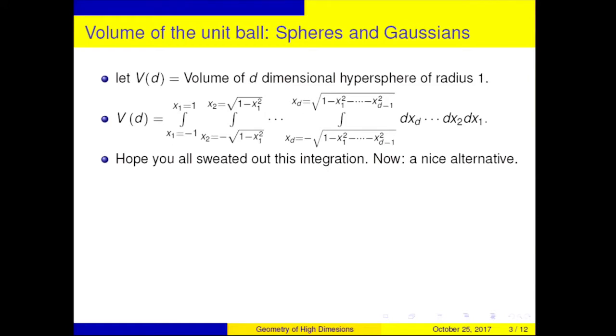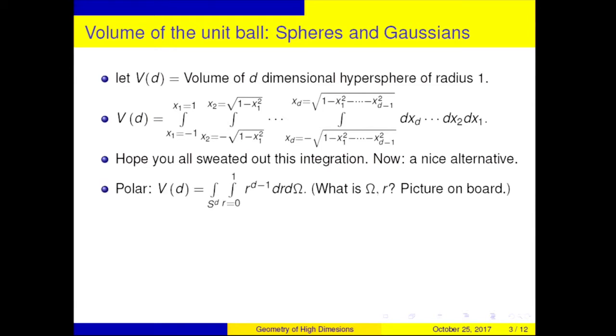I don't know how many of you did, but you get sine to various powers, sine and cosine to dth powers or more if you did it. But if you did it, you spent that in vain, because we are going to do something better. Just to give you a feel for why, the multidimensional integral is a bit of a hassle.